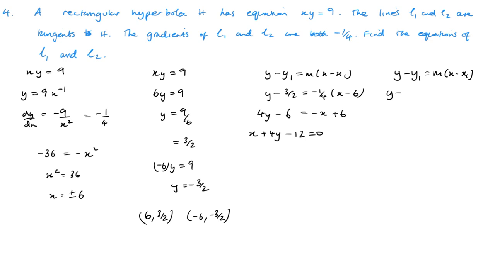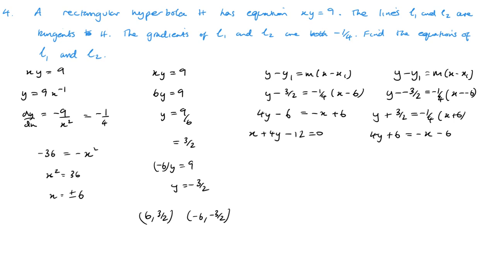Then y minus y1 equals m times x minus x1. So y plus 3 over 2 equals minus a quarter times x plus 6, times it by 4. 4y plus 6 equals minus x minus 6.